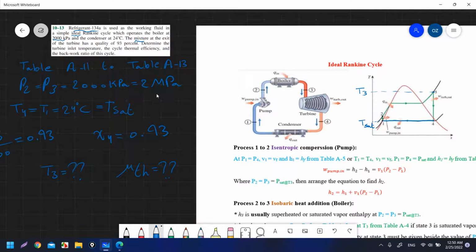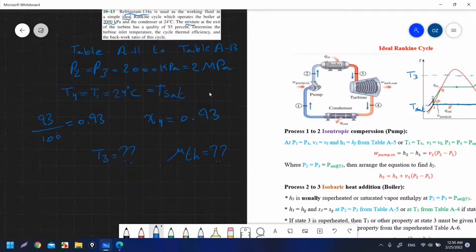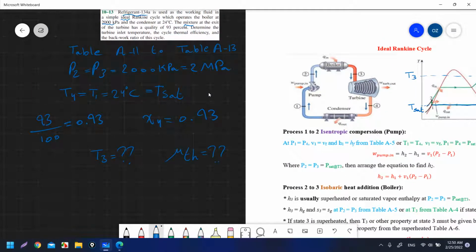And the back work ratio, as we saw in the Brayton cycle, is the work consuming device over the work producing device. The work consuming device is the pump. You consume work to operate the pump so it can increase the pressure and compress the working fluid, and you produce work from the turbine.